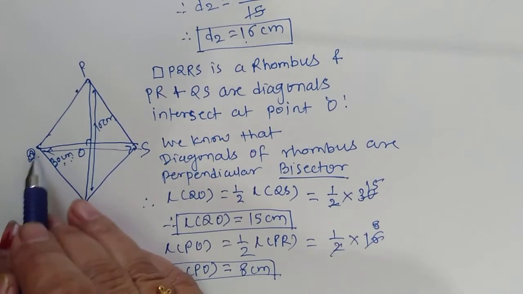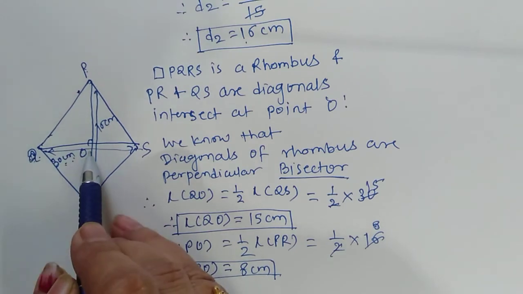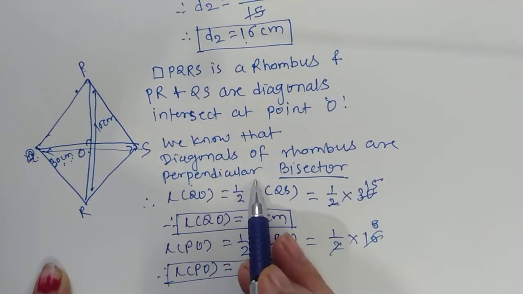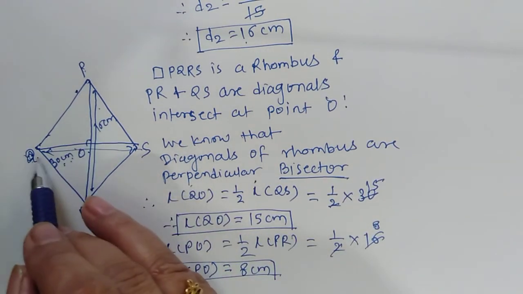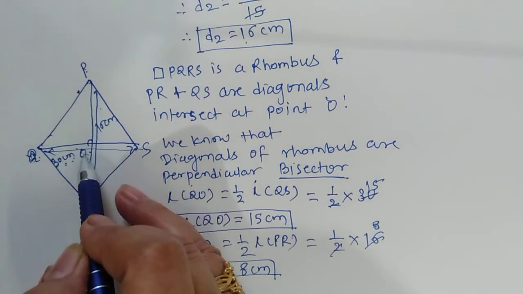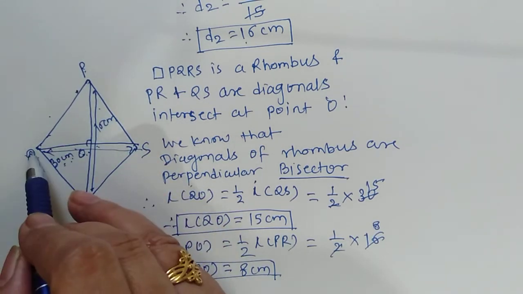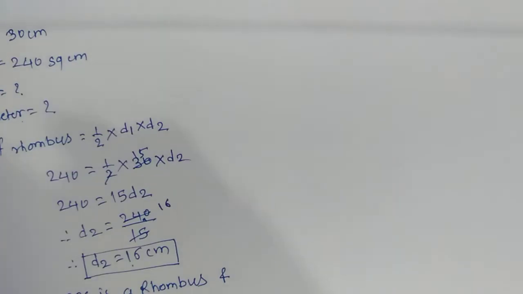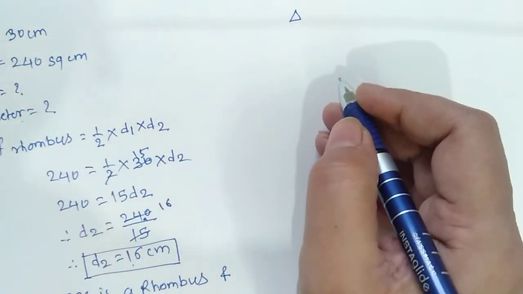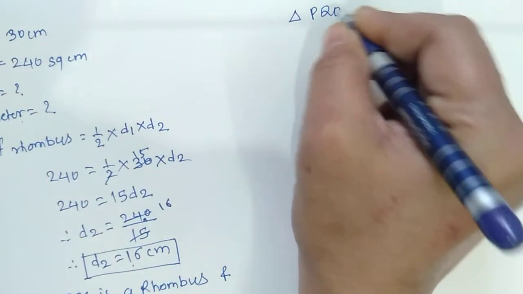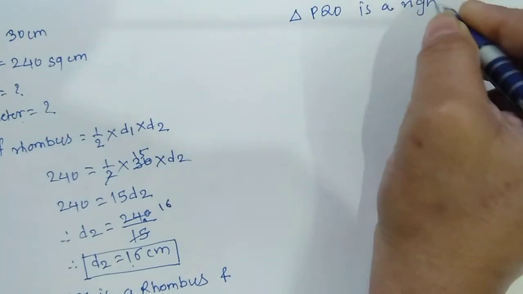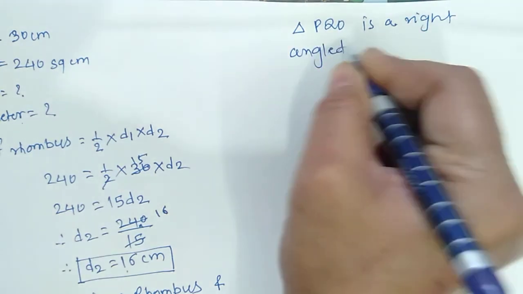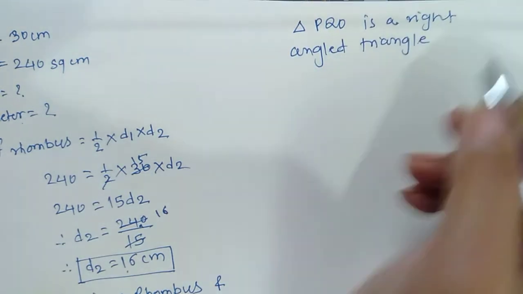Now see the figure. Triangle PQO is a right angle triangle because diagonals of a rhombus are perpendicular. So it is right angle triangle and we know the length of QO and length of PO. So by using Pythagoras theorem, we can calculate the length of PQ. See the triangle PQO is a right angled triangle.